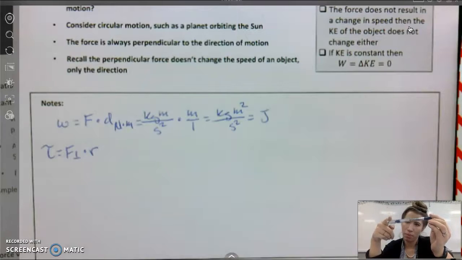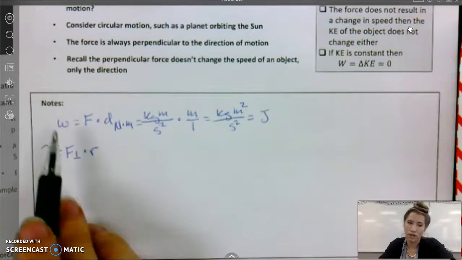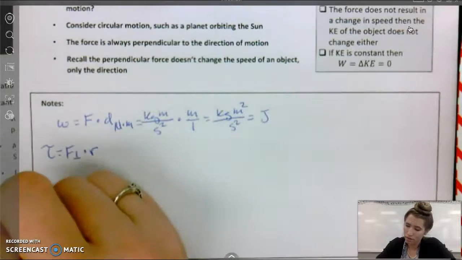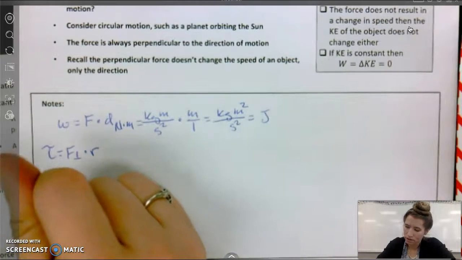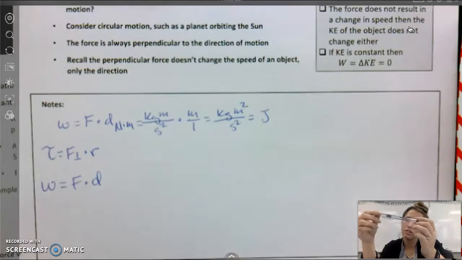Okay, so a perpendicular force causes angular displacement, causes rotation. So torque causes rotation, but work causes linear displacement, not angular displacement.